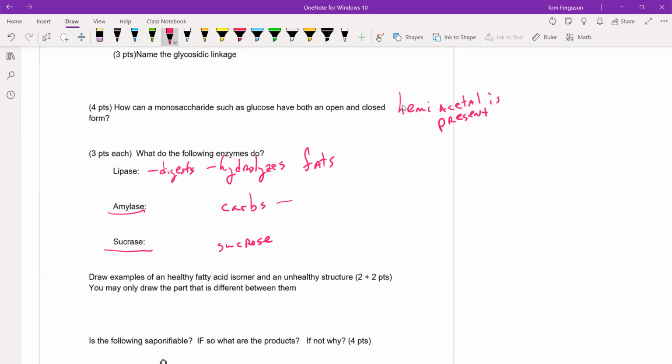So you immediately generate glucose, fructose. So if you are eating a cracker, for example, that's a classic test for looking at amylase and sucrase. It almost instantaneously is converted to glucose and fructose in your mouth, even before you swallow it. Acts very fast. The pH requirements are around 7.